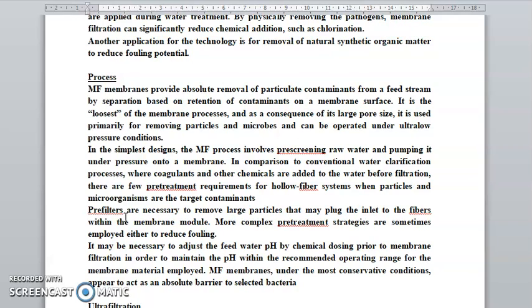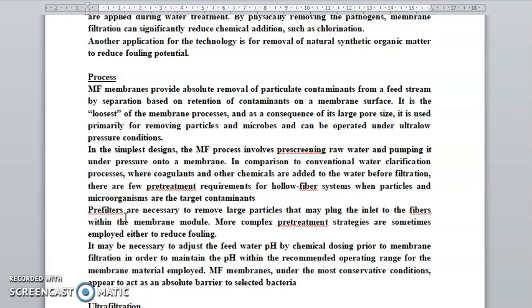In the simplest design, the microfiltration process involves pre-screening of raw water and pumping it under pressure into a membrane. In comparison to the conventional water clarification process, where coagulants and other chemicals are added to water before filtration, there is little pre-treatment required for hollow fiber systems when particles or microorganisms are the target contaminants.